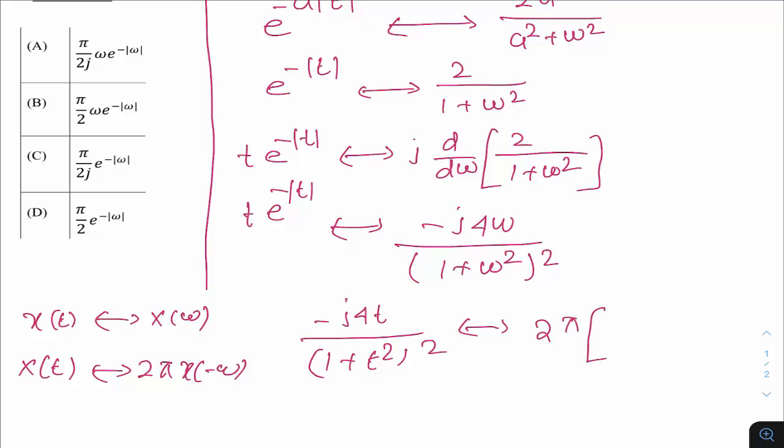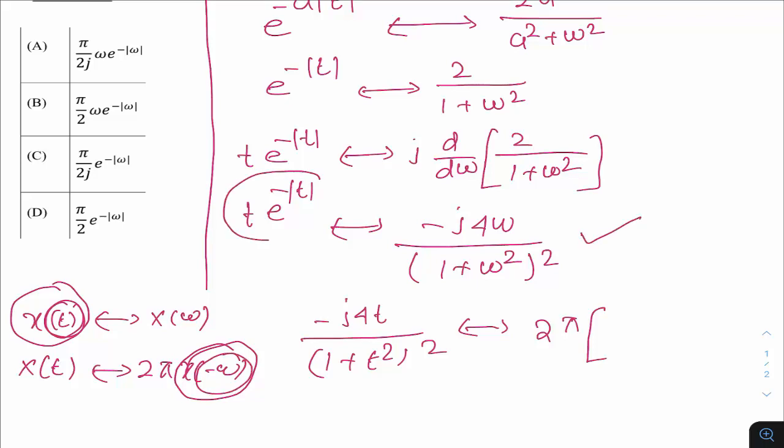So in this function, wherever t is there, I will be replacing it with minus omega. So this is minus omega for this t. Then it is e raised to power minus of, in place of t, again minus of omega. So this is what the case is.